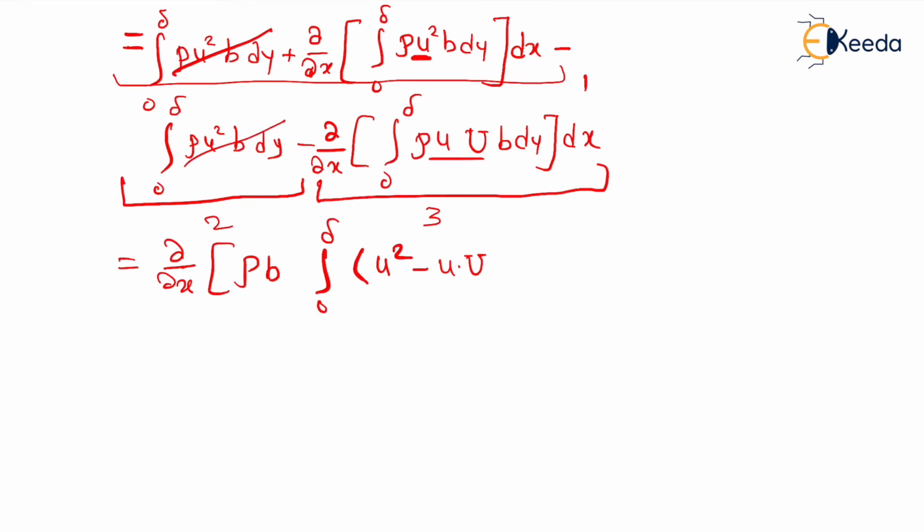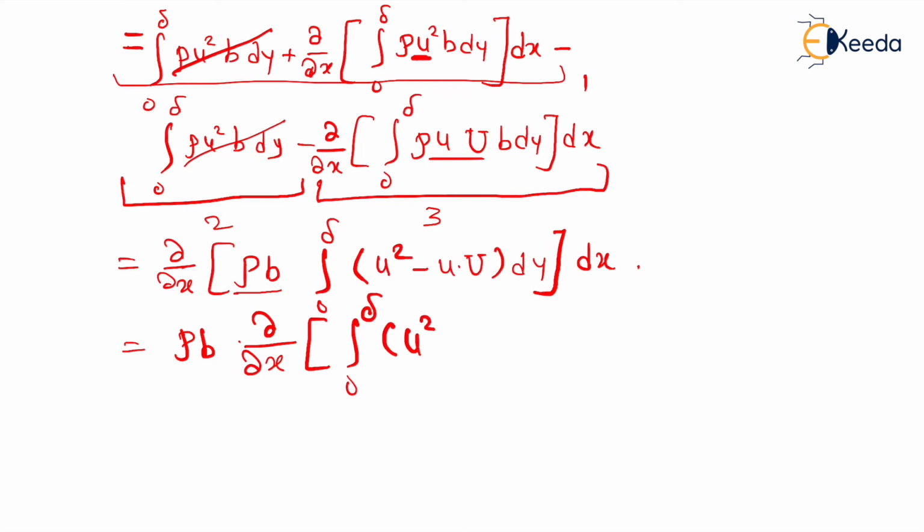So whatever is the difference, this minus this, into dy, completion of square bracket, times dx. Since rho b is a constant, I can take it outside the differentiation as rho b into ∂/∂x of integral 0 to del u square minus u into capital U into dy into dx.